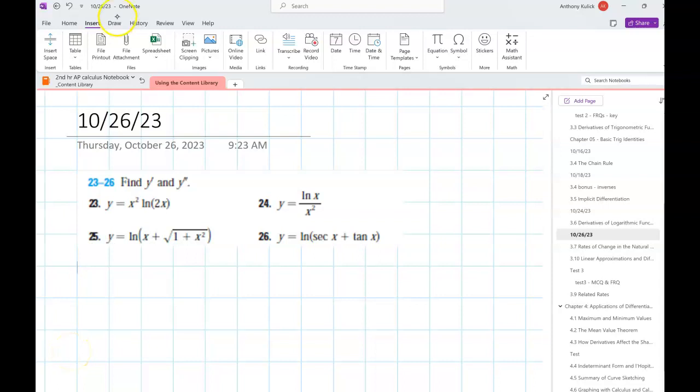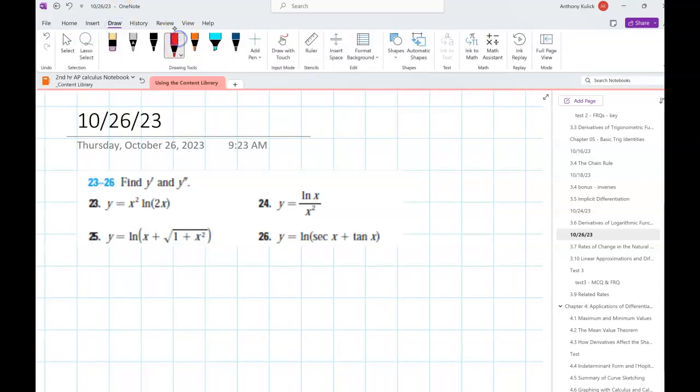So, start with the first derivative. To do that, what do we need to use to differentiate x squared natural log of 2x? Not yet. Product first, right? So that's going to be x squared times the derivative of natural log 2x.